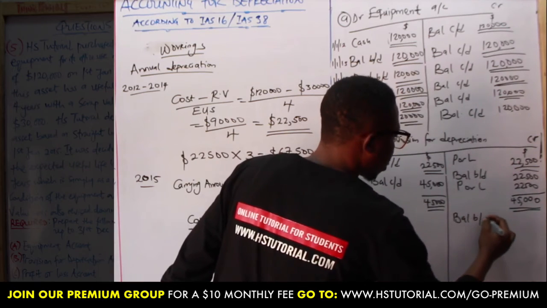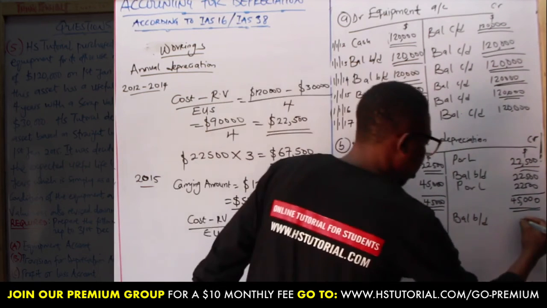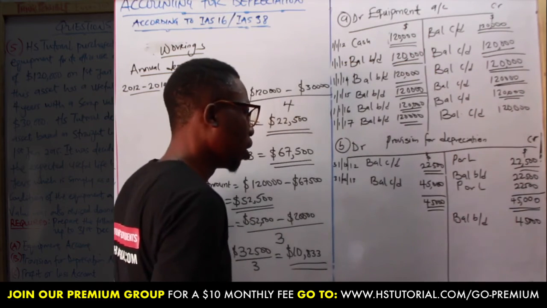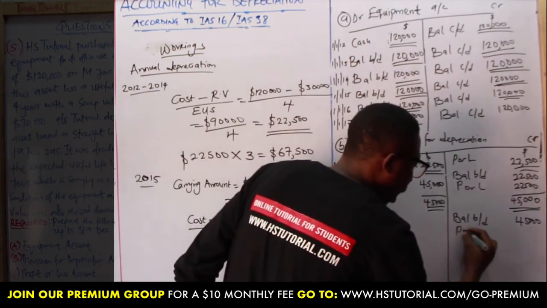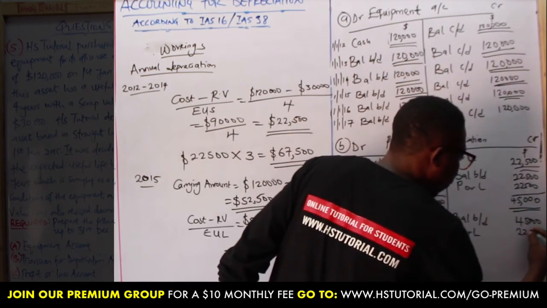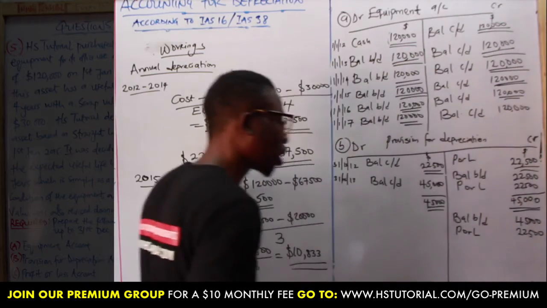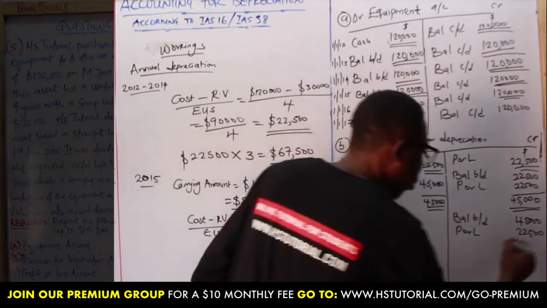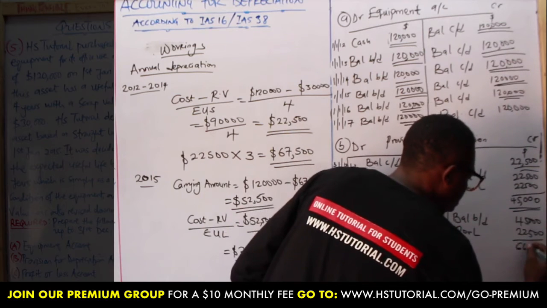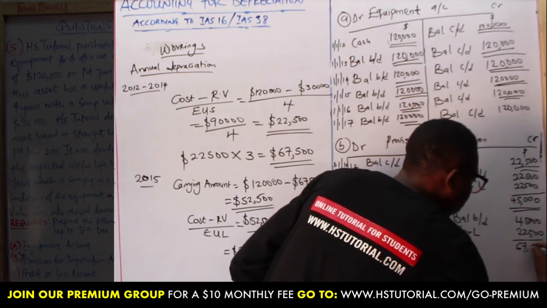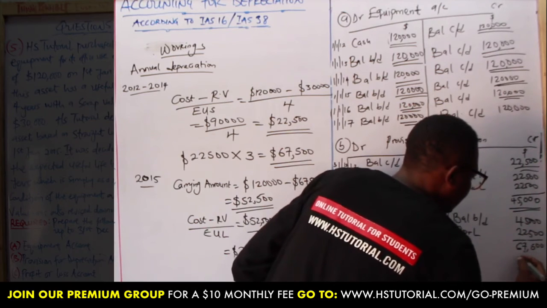Balance brought down. The balance brought down will be what? 45,000 naira. Then the P or L account will as well be debited with what? With 22,500. So the addition of those two we have to give you what? 67,500 naira.